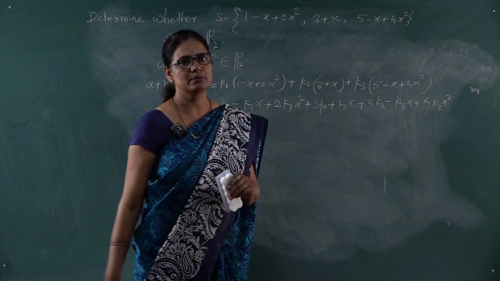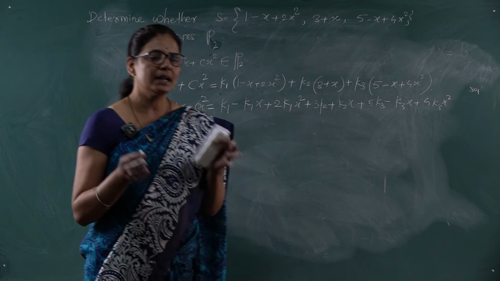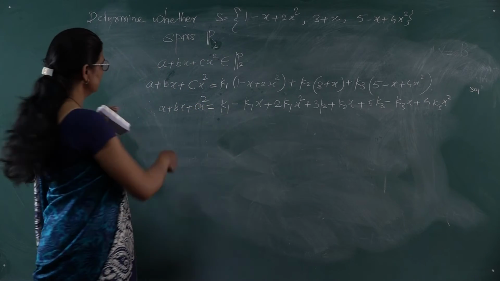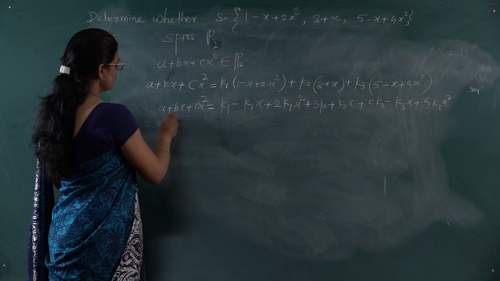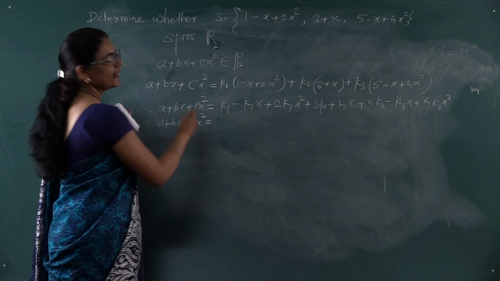We just simplify the bracket, we multiply the polynomial by the scalars. Now collect the similar terms. So we maintain the same sequence. First term is constant, then the term of x, and then the term of x square.